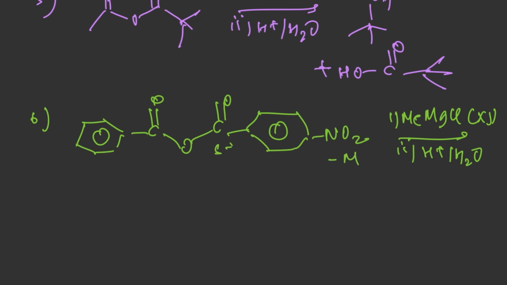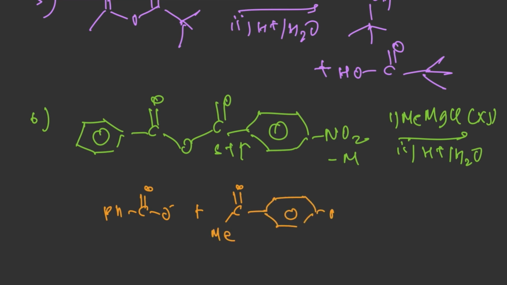So Me will attack over here, on the side opposite to the NO2 position. So the answer is Ph C double bond O minus plus NO2. Now this will further react with Me minus, H3O plus, giving COH, methyl, NO2.